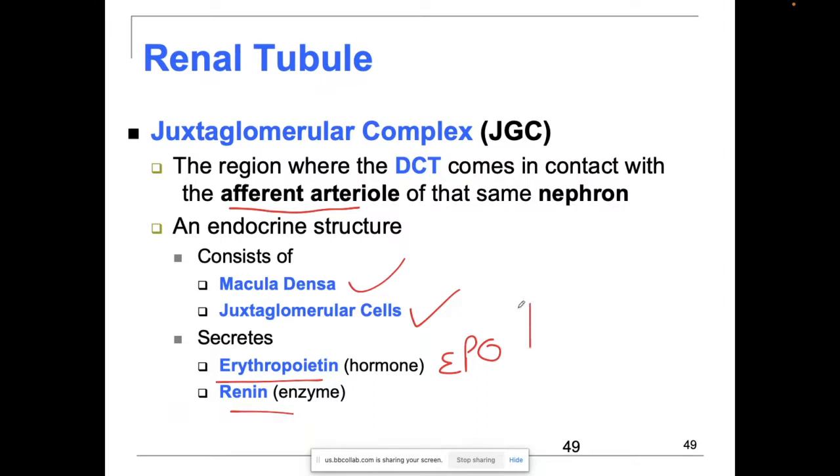EPO is going to increase red blood cell production, and renin is involved in activating angiotensinogen into angiotensin 1.